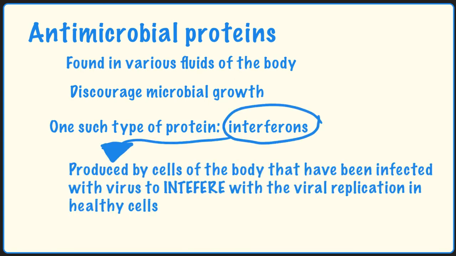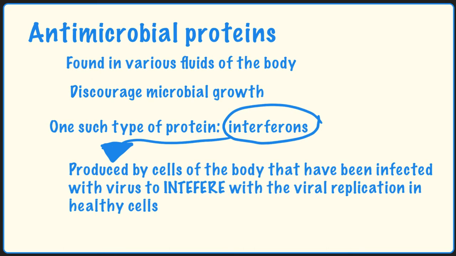So if a virus goes into a cell, that cell will produce and release interferons. Once those interferons are released to neighboring cells, those neighboring cells will start to produce antiviral proteins that block viral replication. So this is a natural defense to help protect those cells that have not yet been infected from getting infected with virus.